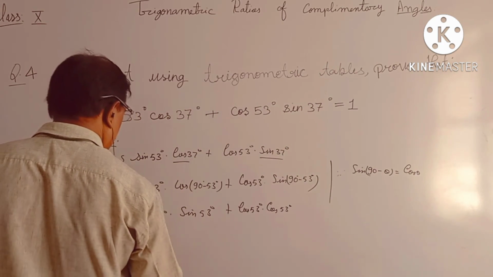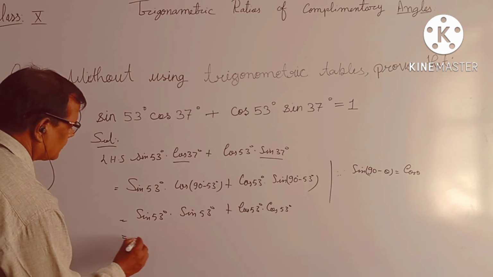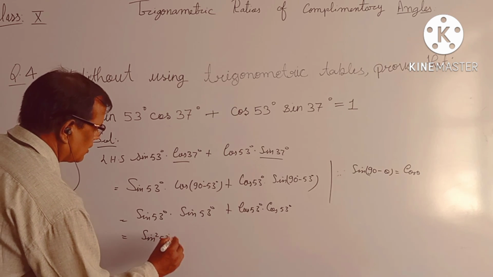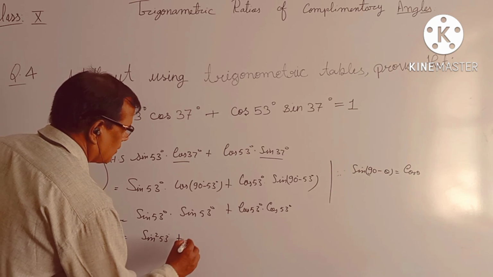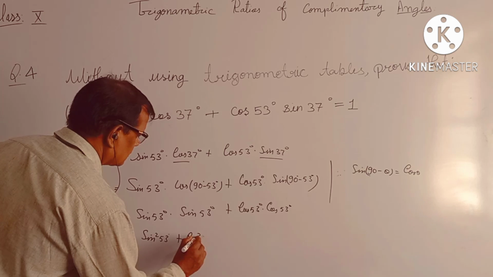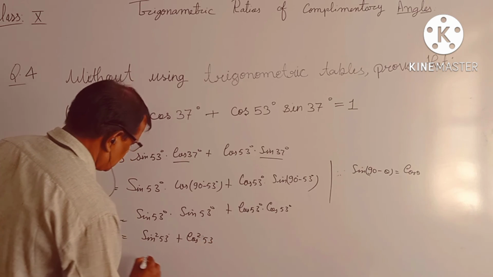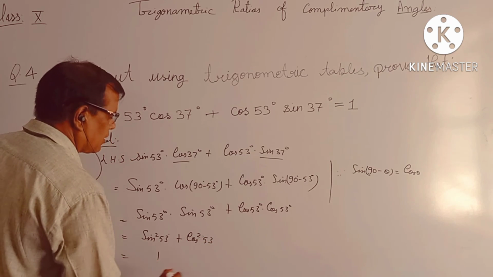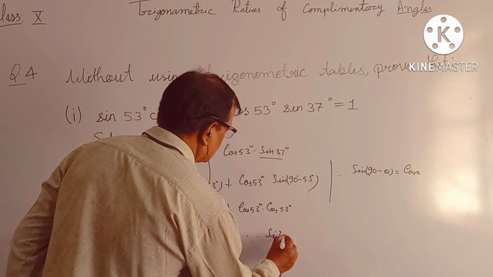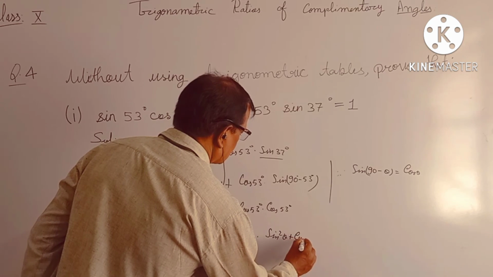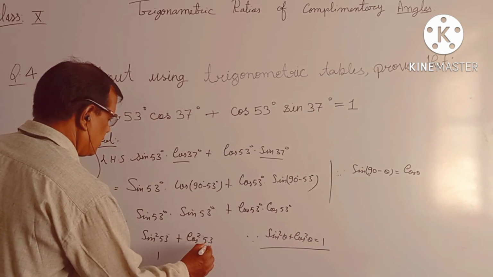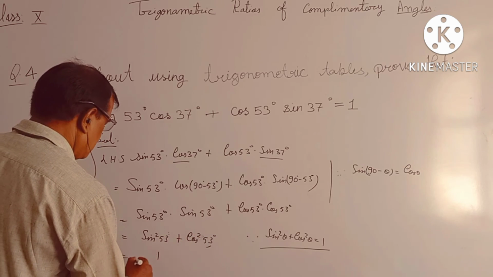Here sin into sin, sin square 53 degree, and here cos square 53 degree. So its value will be 1 because we know sin square theta plus cos square theta equals 1, and theta is the same here, so its value will be 1.